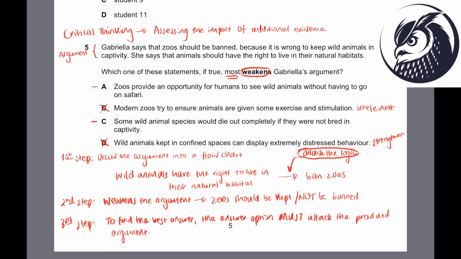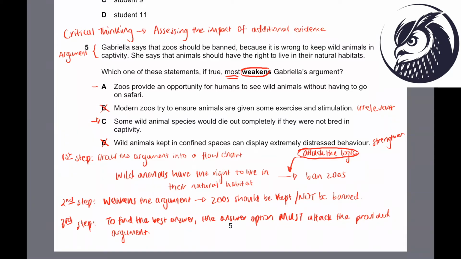Okay, so let's have a look. Between A and C, which one do you think actually attacks the logic of Gabriela's argument? Well, let's have a look at option C in more detail, okay? Remember, Gabriela is saying that we should ban zoos because wild animals have the right to live in their natural habitats. Now, option C is saying some of these wild animals would just die by themselves in the wild if they weren't bred in the captivity of a zoo. So if they would already be dead in their natural habitat, then Gabriela's argument is kind of completely obsolete or unnecessary.